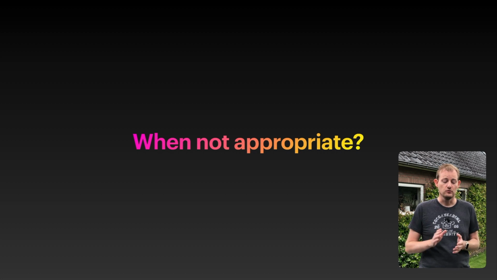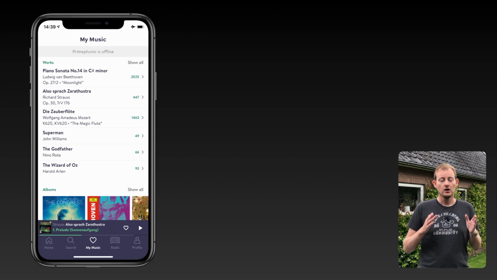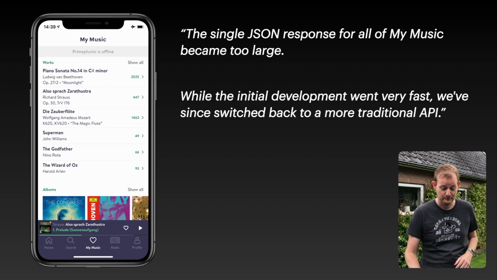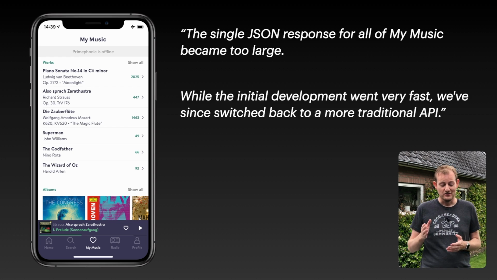That brings us to: when is server-driven UI not appropriate? For the last year, I haven't worked on Primephonic, so I asked one of the current developers about his experiences with server-driven UI, and one of the examples he came up with was the offline experience. He said the single JSON response for the offline version became too large.